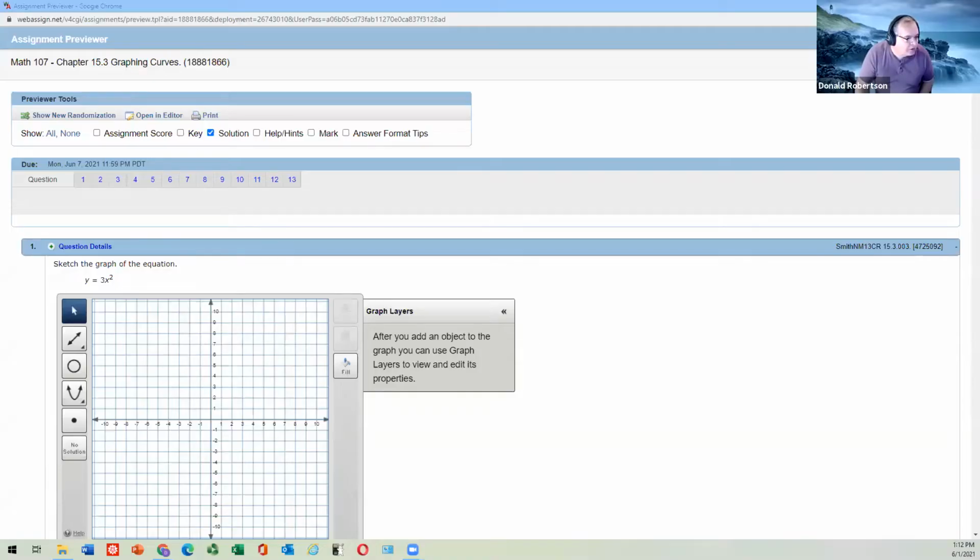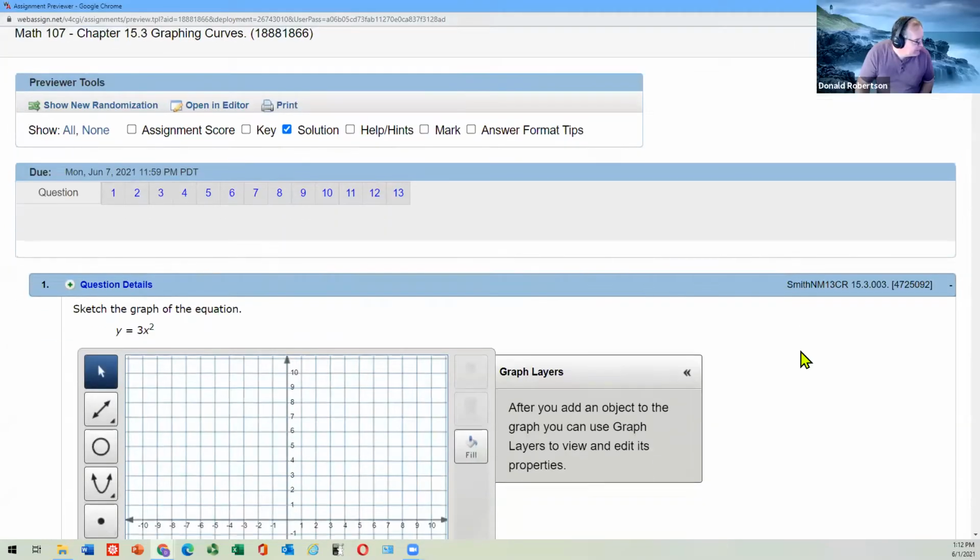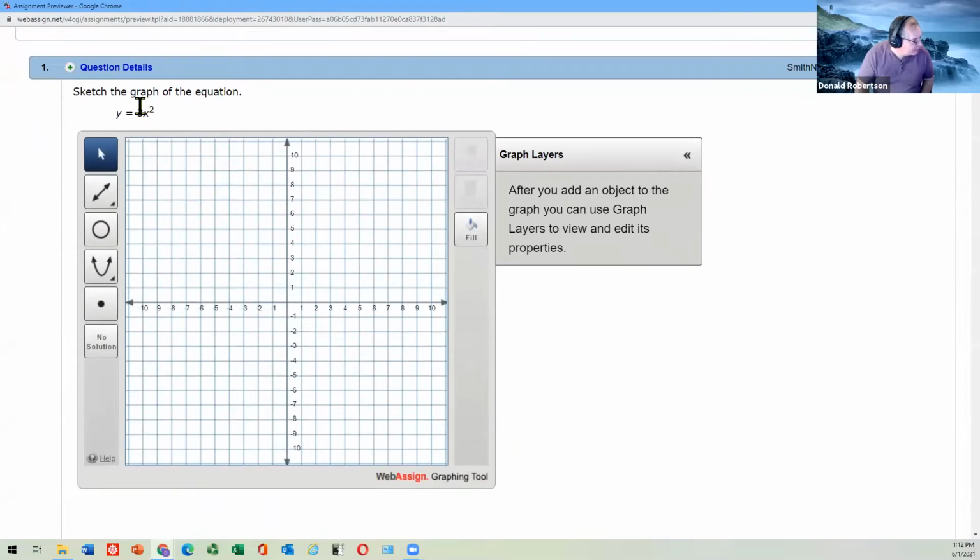Right now, with a bit of luck, you should be looking at our WebAssign page. Is that what you can see, guys? I can see that. Okay, good. So I'm just going to make it a little bit bigger. And there's that 3x squared that I was talking about. So if you want to do a quadratic, you hit this funny one. It looks a bit like a quadratic, doesn't it? It looks like a little happy face.